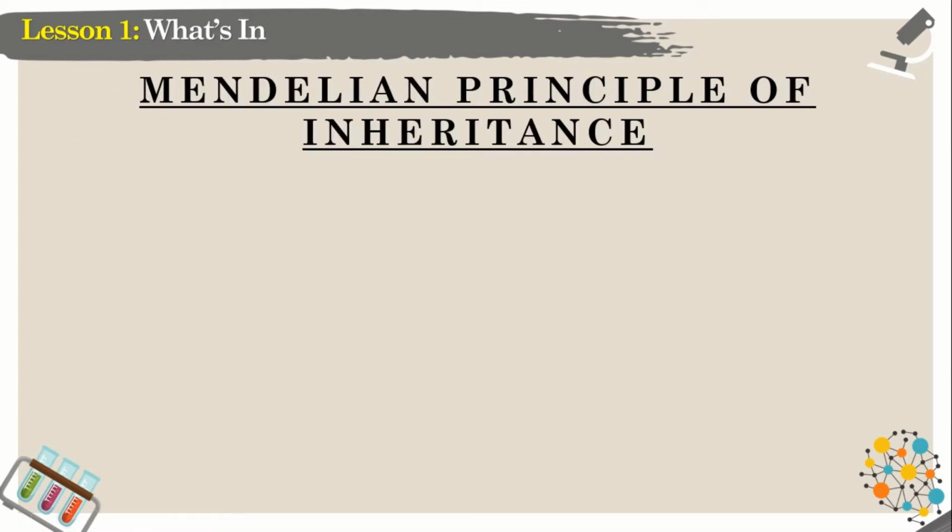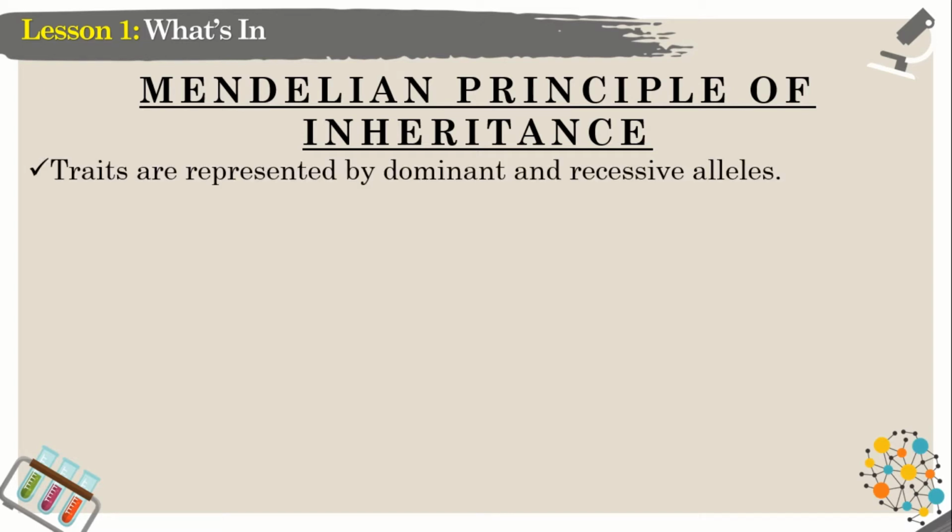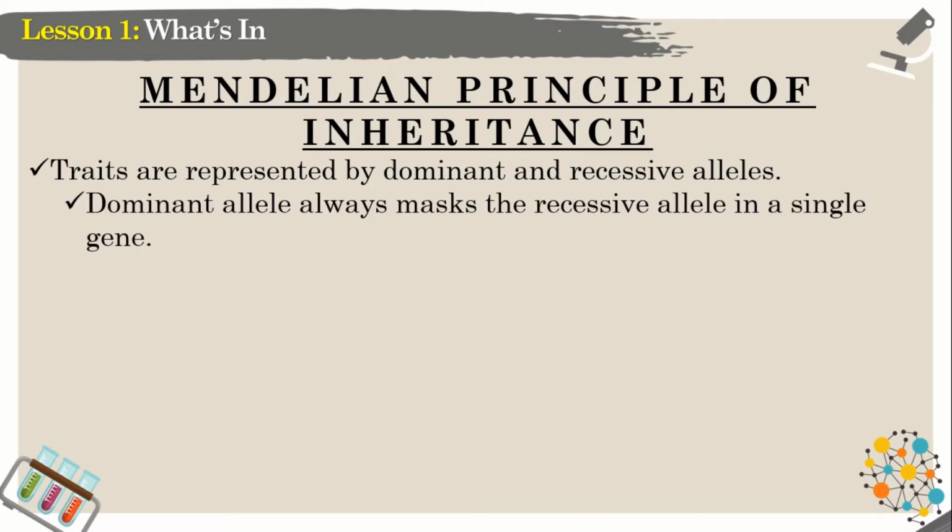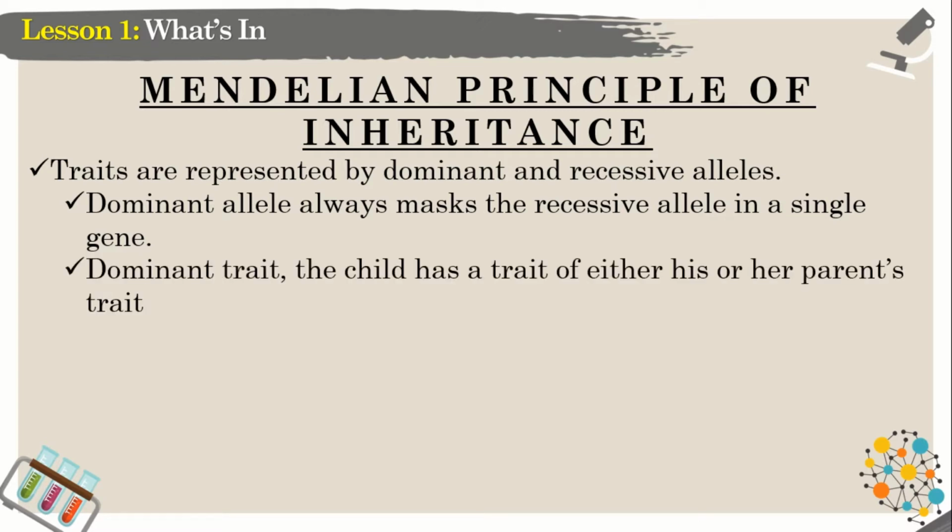In your lesson 1, under the Mendelian principle of inheritance, in order for us to say that something is under Mendelian inheritance, the traits must be represented by dominant and recessive. This follows the law of dominance, the principle under Mendel. So the dominant allele will always be expressed in a cross with a recessive.